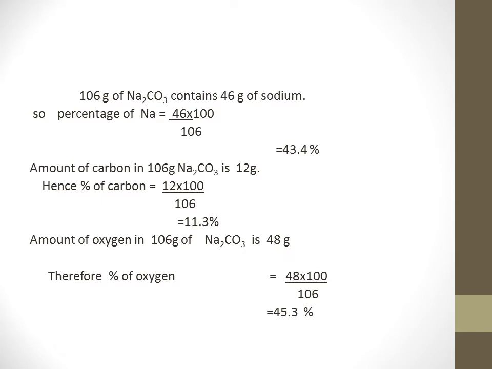Now we got the percentage of all the elements present in sodium carbonate, namely sodium, carbon and oxygen. What's the percentage of sodium? 43.4 percent. Percentage of carbon is 11.3 percent and percentage of oxygen is 45.3 percent. Understood?